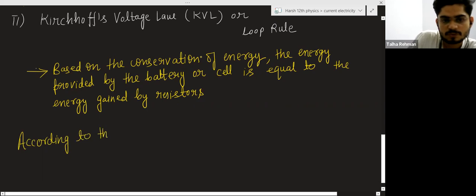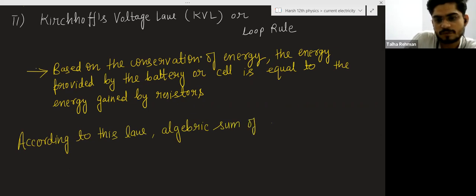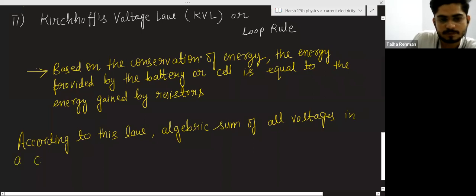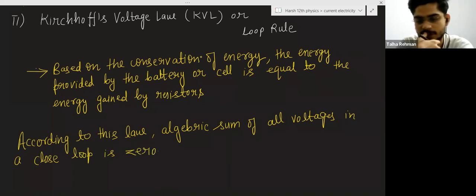According to this law, the algebraic sum of all voltages in a closed loop of circuit is 0.